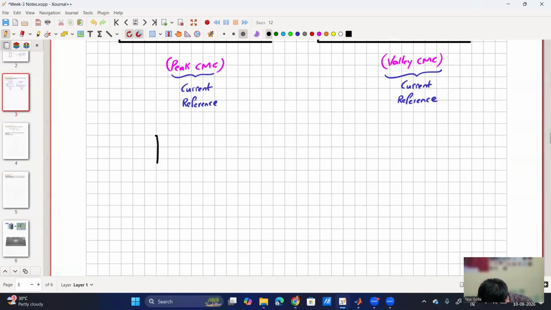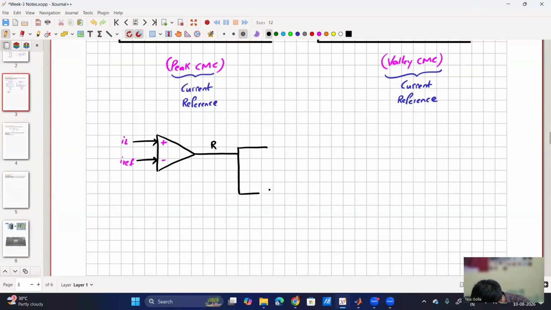Plus and minus. Be careful with the plus and minus. Probably I'll use a different color so you can take note of it. So this is plus, this is minus. Whenever IL is crossing I reference, it will be the reset pulse. So this is my reset pulse.